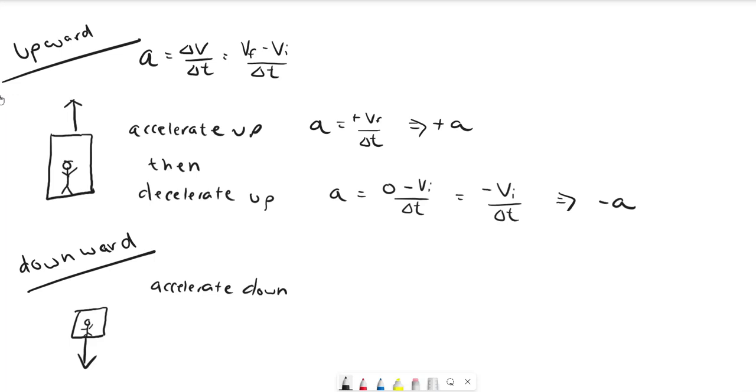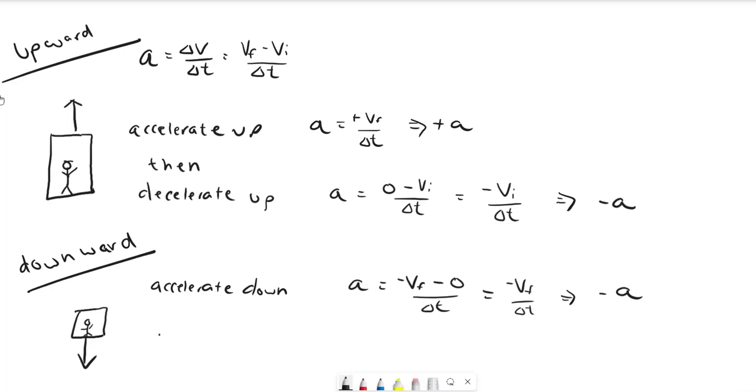Your initial velocity is 0. So then our acceleration is going to be a negative v final, because we're going downward, so it's in the negative direction, and our initial velocity was 0, over delta t. And of course, delta t is never going to be negative. That's just an amount of time. So this is going to give us negative v final over delta t, which results in a negative acceleration.